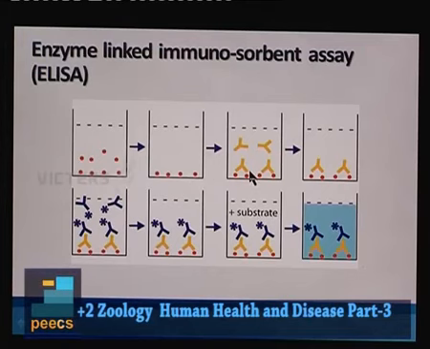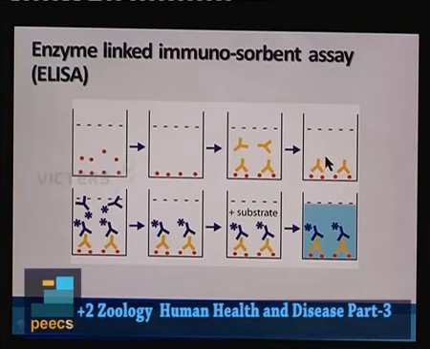Then in this step you can see antibodies are added. Antibodies that are specific to HIV antigen will be added in this third step. Because they are specific to HIV antigen, they will form a complex. You can see formation of antigen antibody complex.